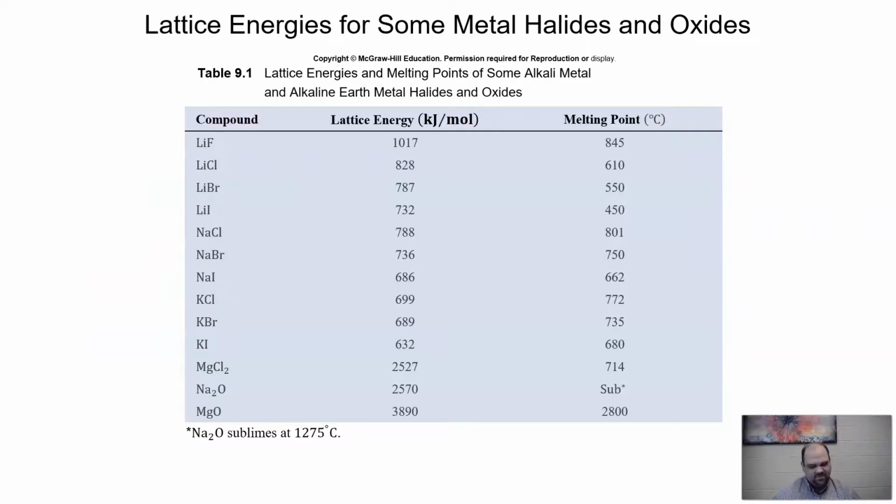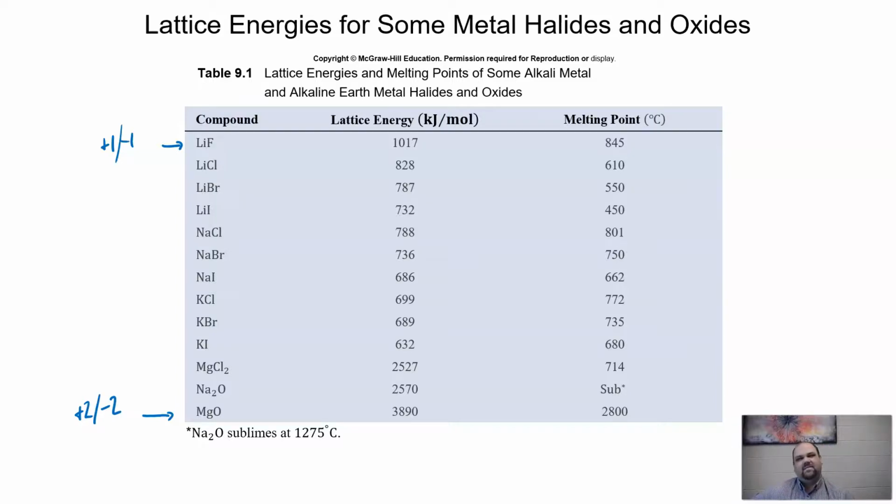If we go to the next page, we'll have some different compounds and their lattice energies. And so, if we look here, lithium fluoride, that's a +1 and a -1. If we go down here to MgO all the way at the bottom, that's a +2 and a -2.